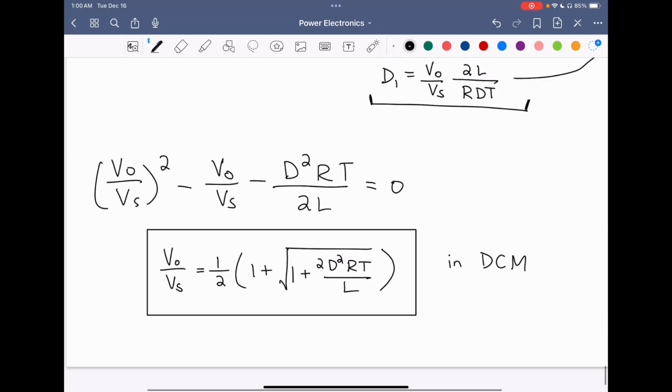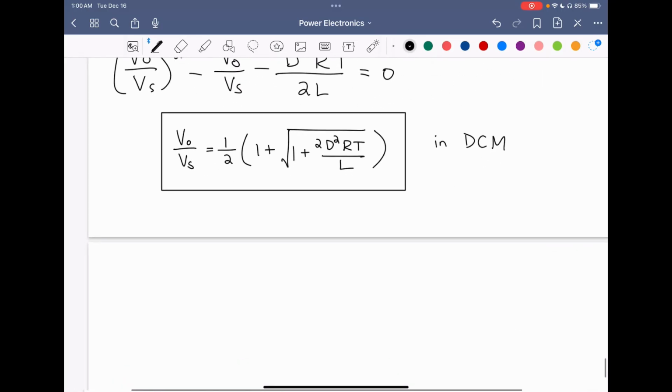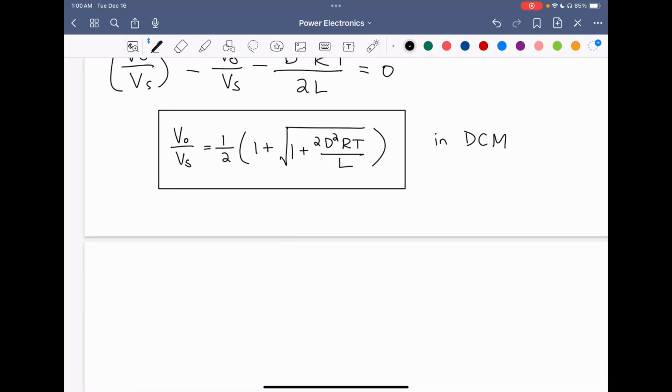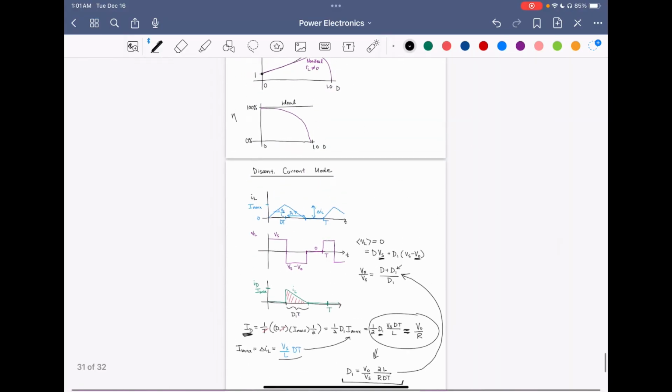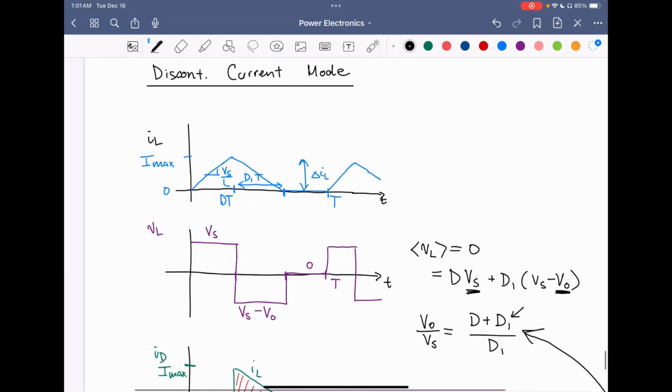Now, the discontinuous current mode boundary happens when D1 is equal to 1 minus D. We can see here, if this interval is equal to this interval, then we're on the boundary between discontinuous and continuous conduction mode.